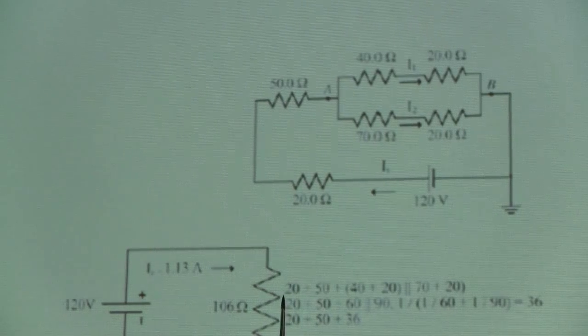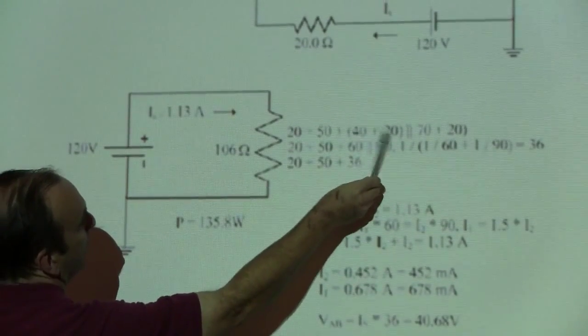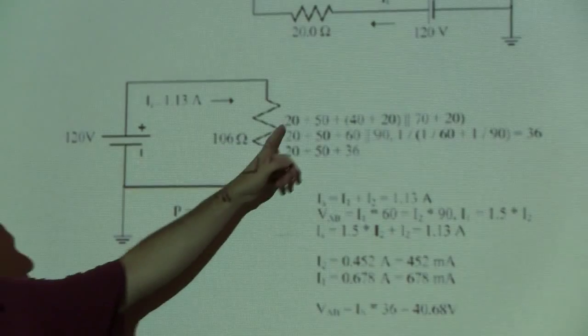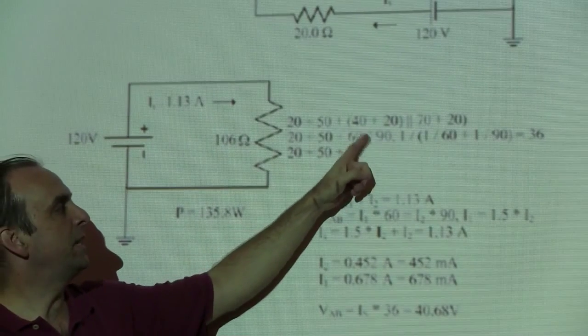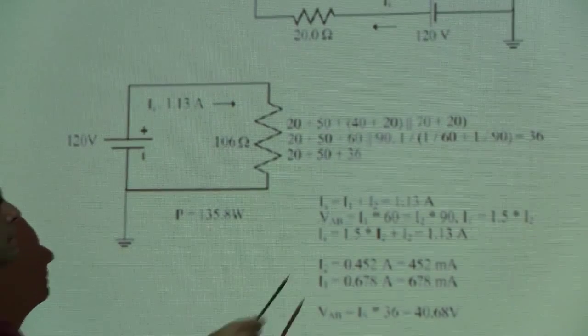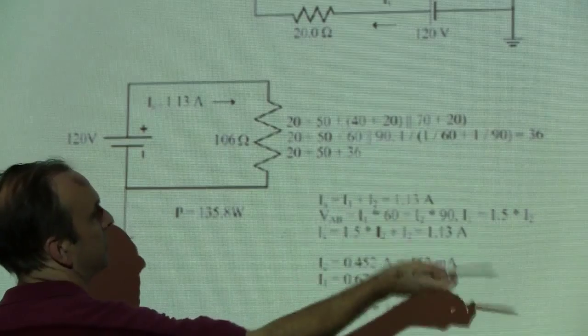Here's the math: 20 plus 50 plus the parallel combination of 40 plus 20 and 70 plus 20. The addition is trivial. The parallel combination, since these are resistors, uses the reciprocal relationship: 1 over the first resistor plus 1 over the second resistor, inverted.